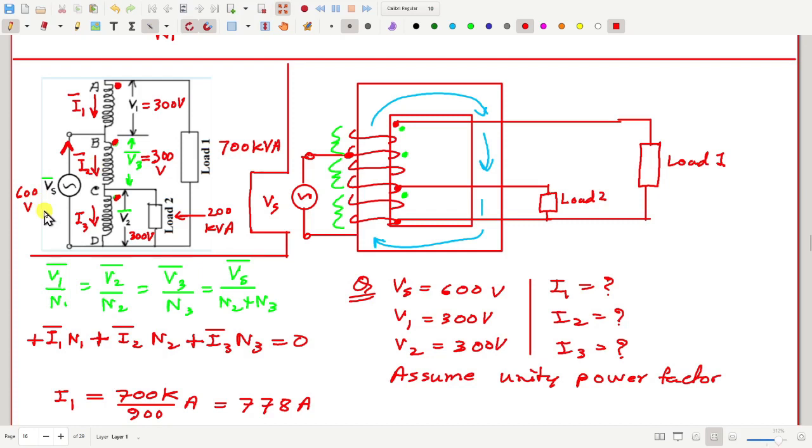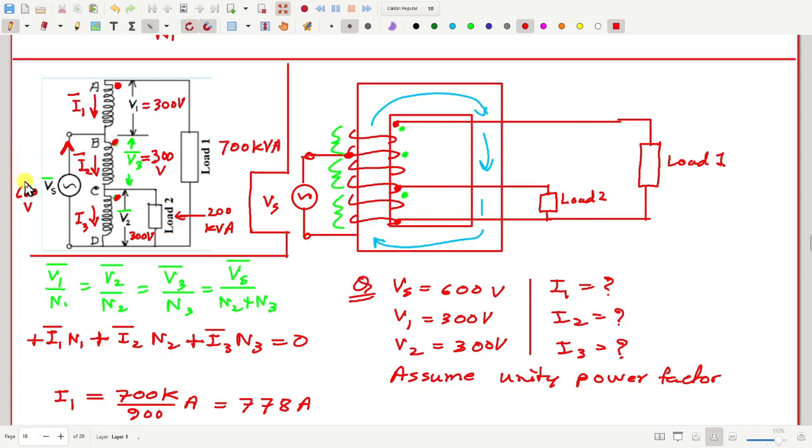So how much is the total kVA? 700 plus 200, 900. Since we are assuming unity power factor, that means that is 900 kilowatt. This voltage is given, so you can find out how much is this current.